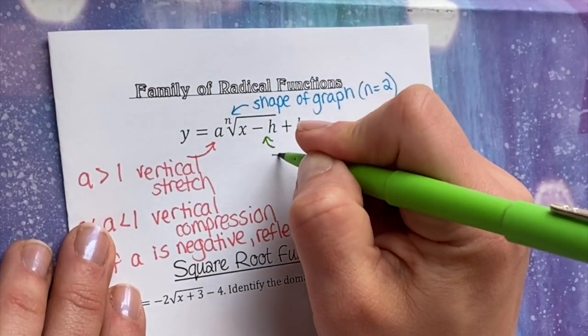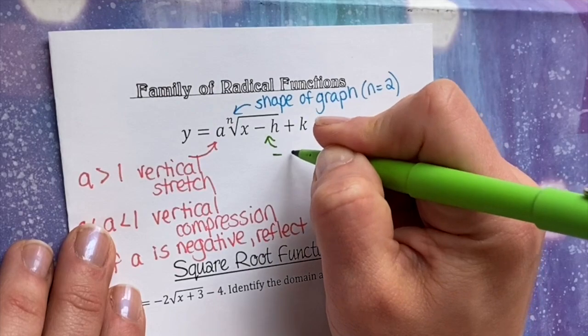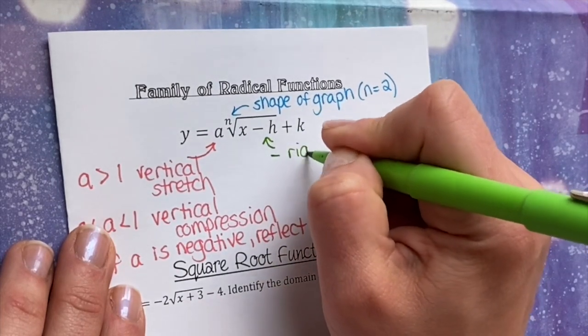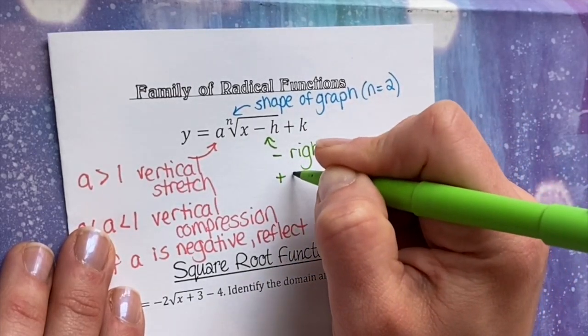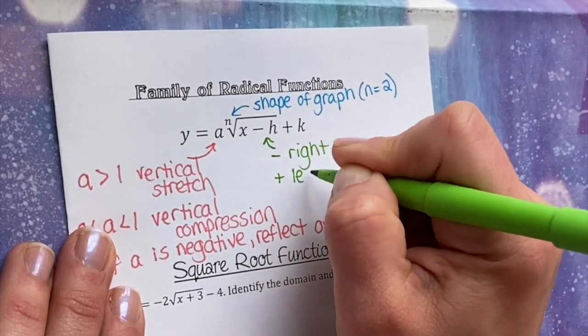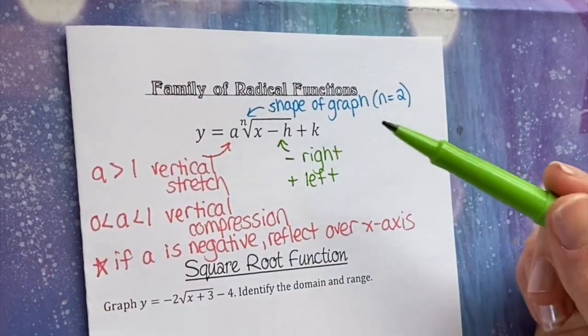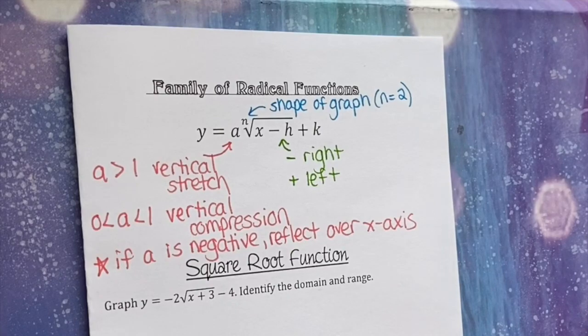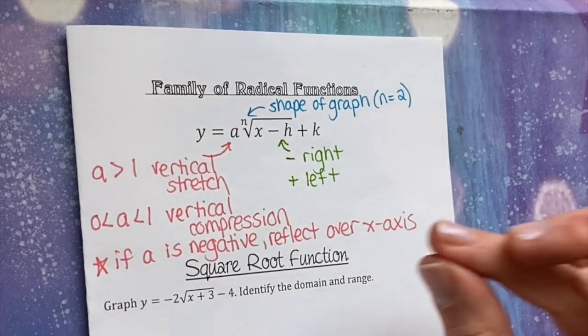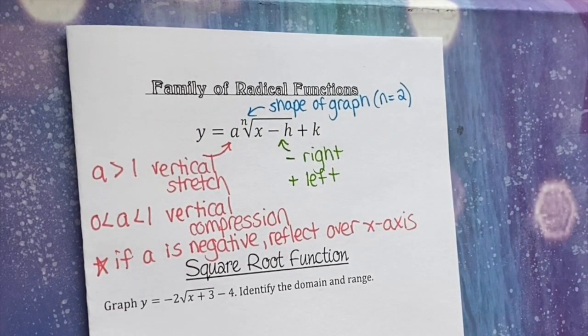If you are subtracting, that means you are moving to the right. And if you are adding, that means you are moving to the left. H also gives us the x value of our endpoint.